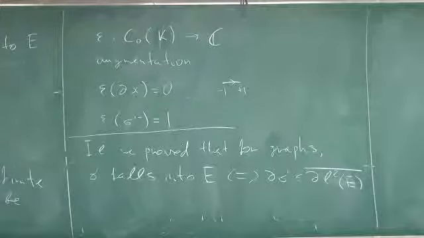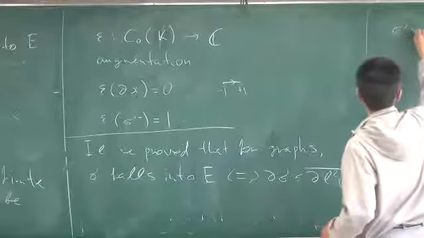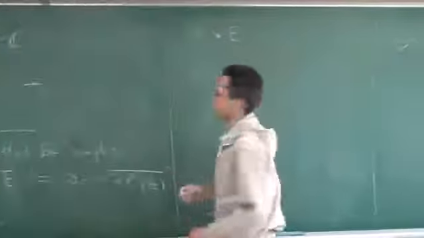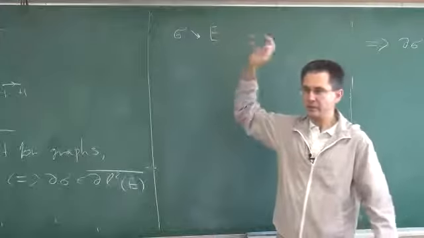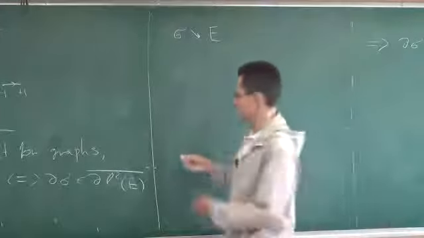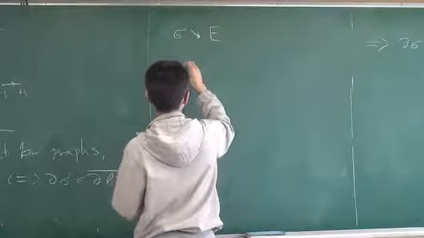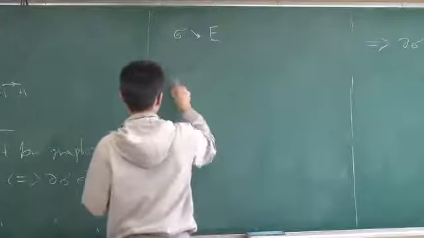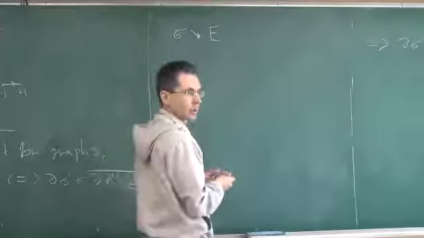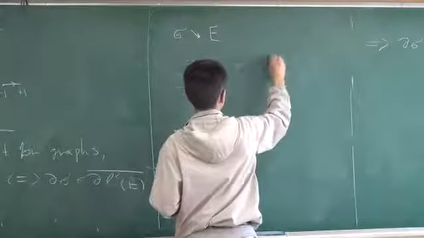Don't you need to consider the case that sigma minus and sigma plus are both in one infinite component? No, so sigma falls into E. This is a notation, right? Sigma falls into E means that the two components coincide, or both components are infinite.